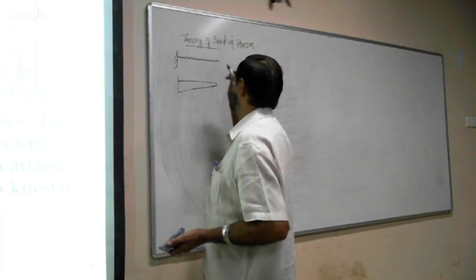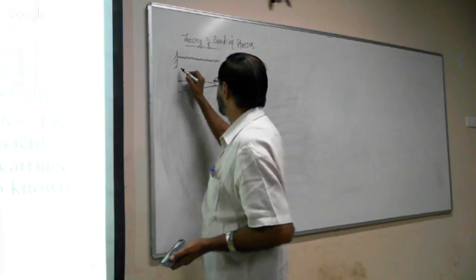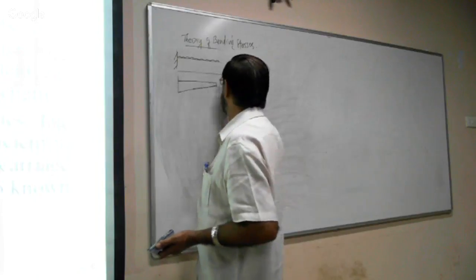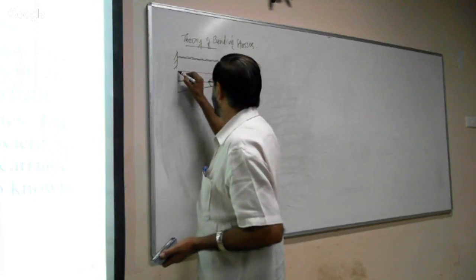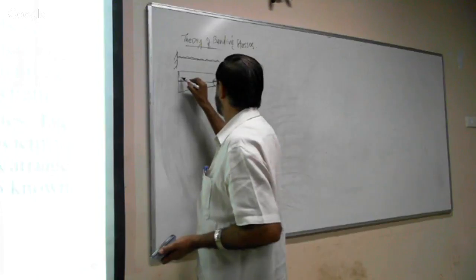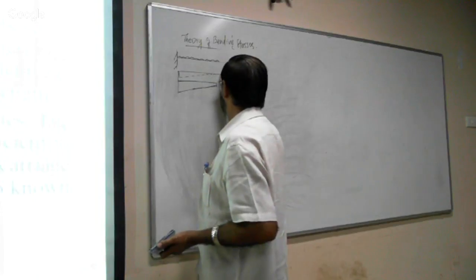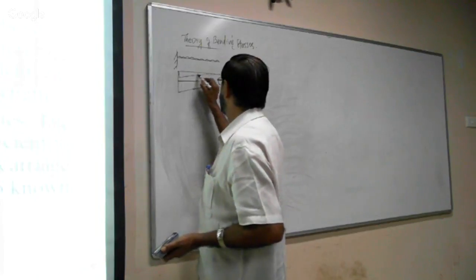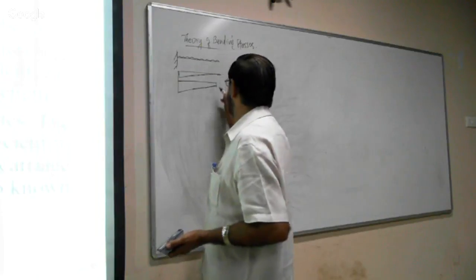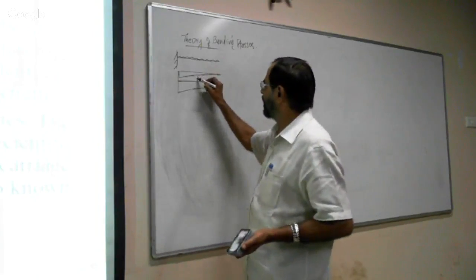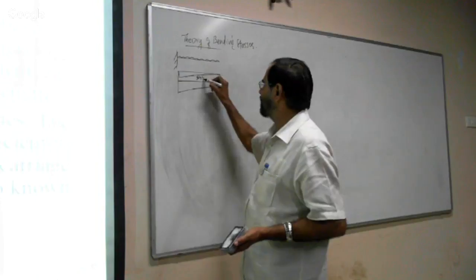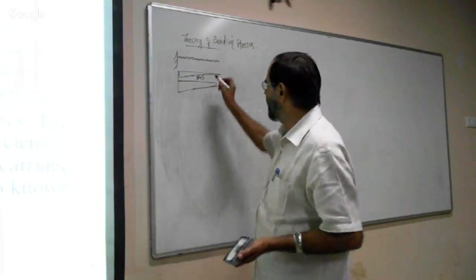If you draw the bending moment for this, the bending moment will be maximum at the support and 0 at the end. This is the BMD, bending moment diagram.